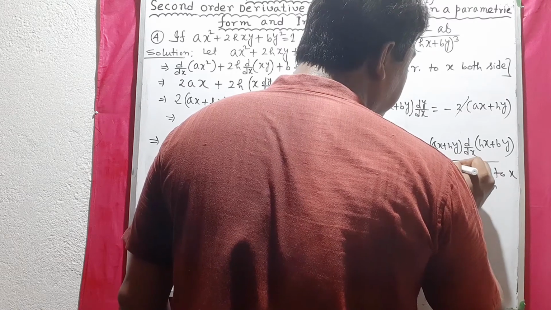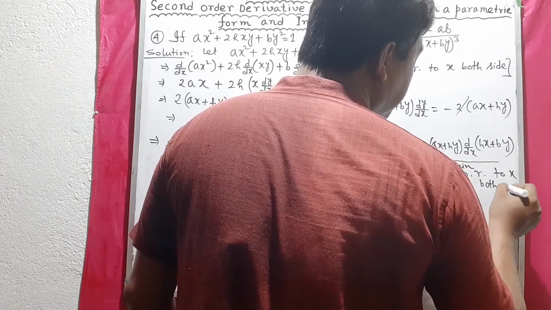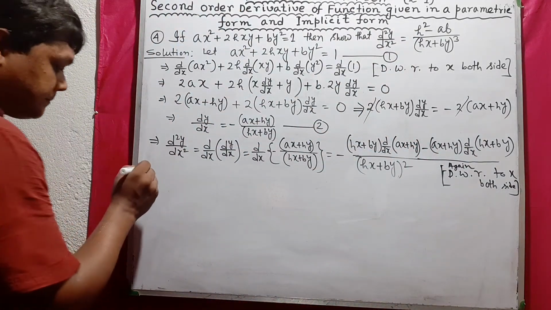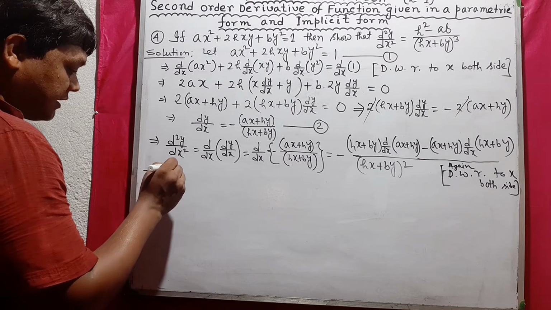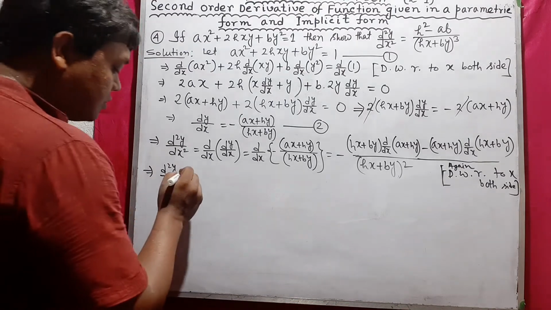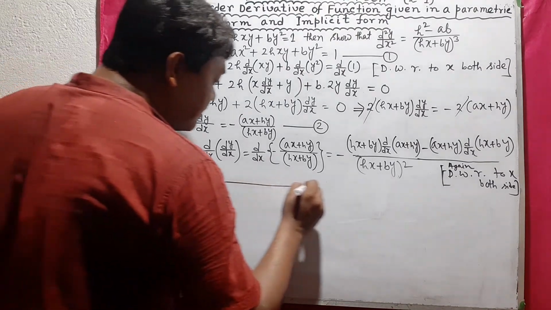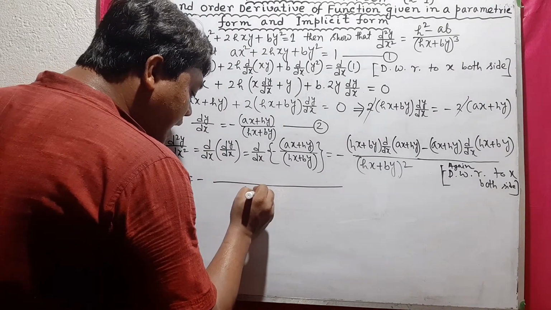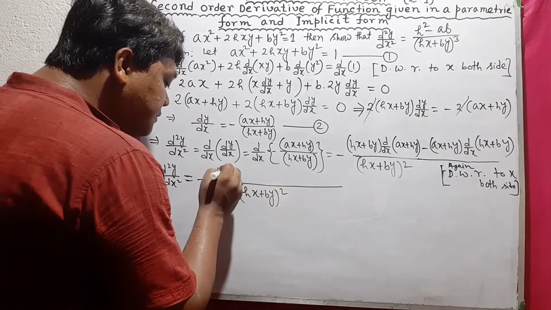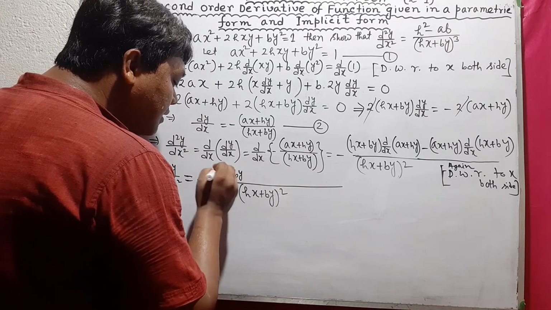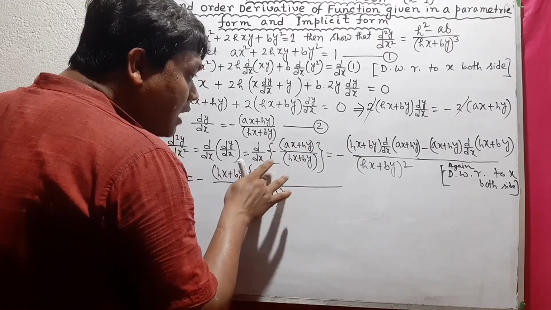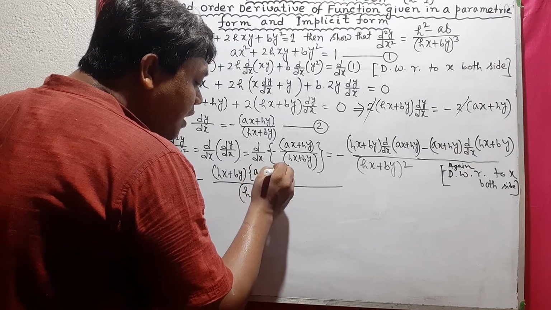Also you have to write down: again differentiate with respect to x both sides. So now d2y/dx2, after some calculation, minus sign present here, so (hx plus by) whole square in the denominator, and hx plus by into the derivative of ax plus hy, a into d/dx of x, that is 1, plus h into dy/dx.